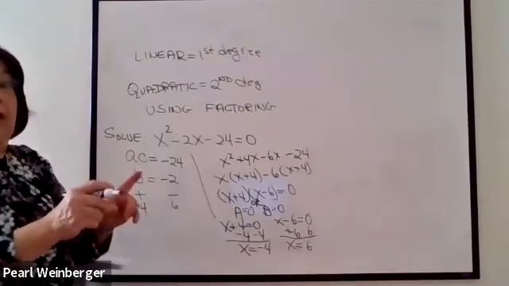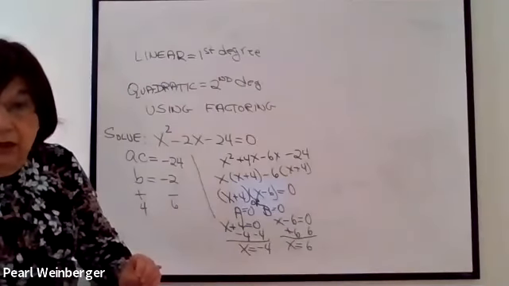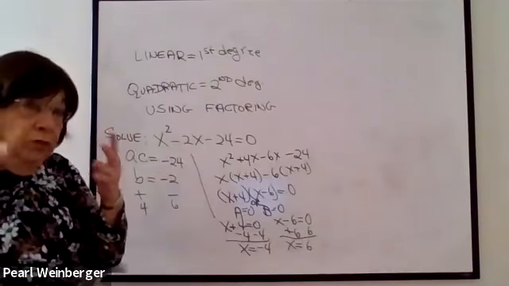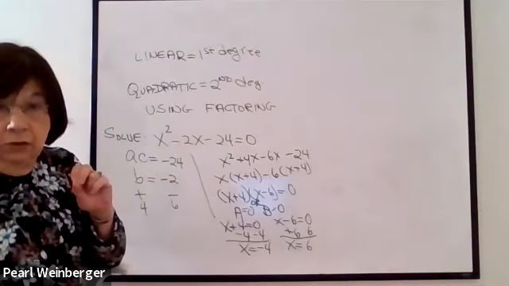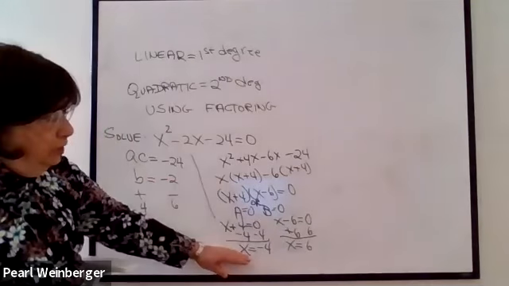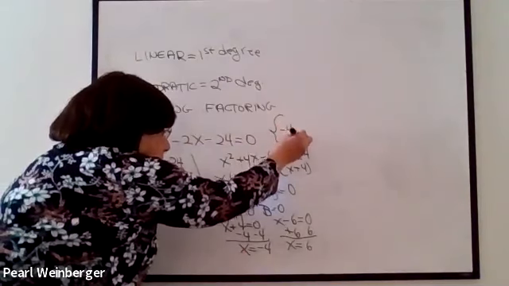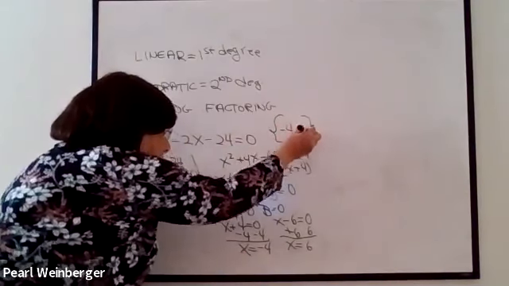And it turns out when you're solving a quadratic equation, you're going to get, in most cases, two answers. In this case, the two answers that we got were -4 and +6.